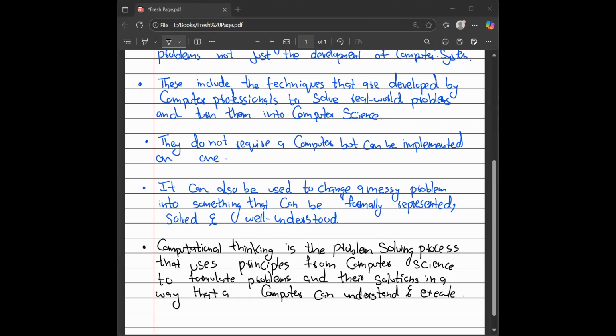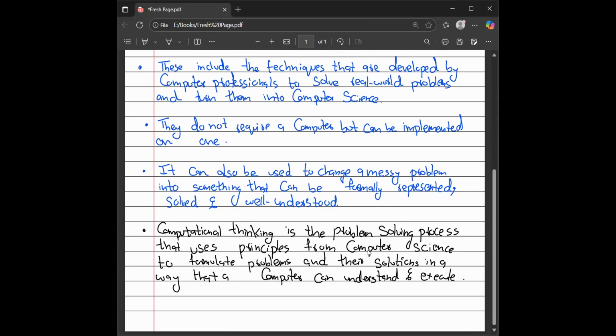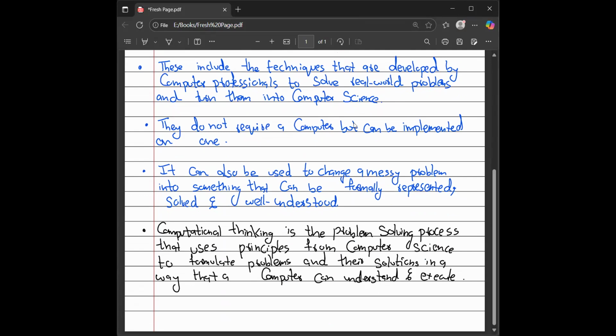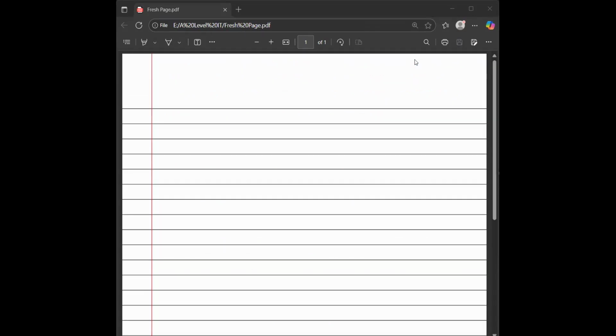Now there are some steps that we need to look at when we are working with computational thinking. Let me discuss with you the number of stages involved in computational thinking.